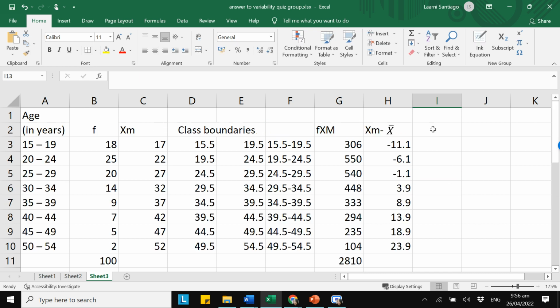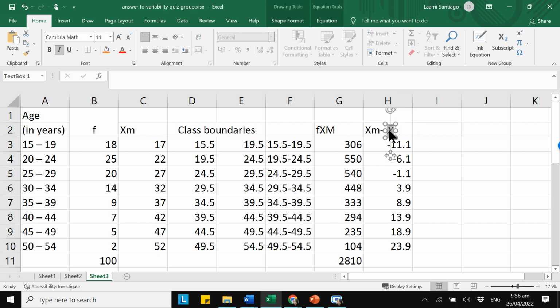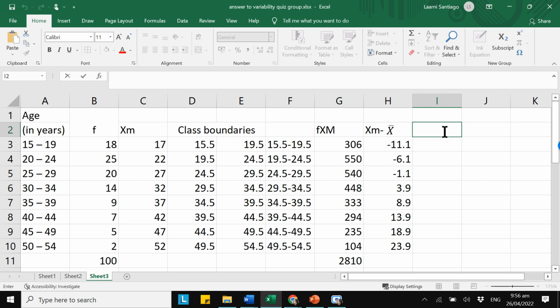Now, this time we're going to get now f with the difference times the frequency now this time. So, f and x sub m minus n. So, ito lang. So, multiply nyo to with the frequency this time. So, equal f times this one.